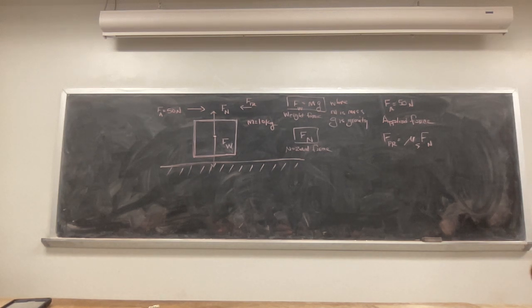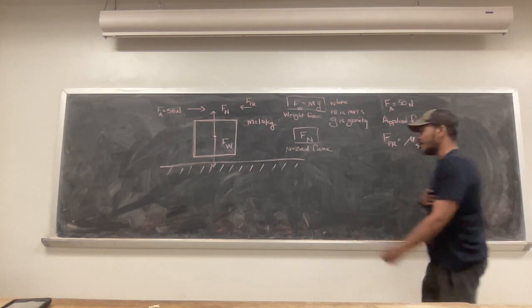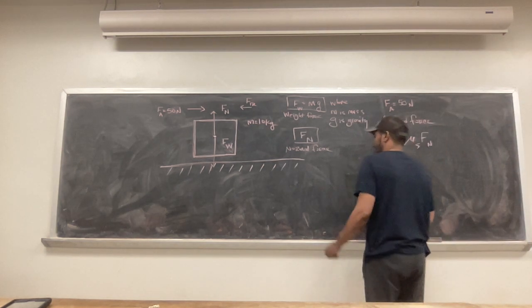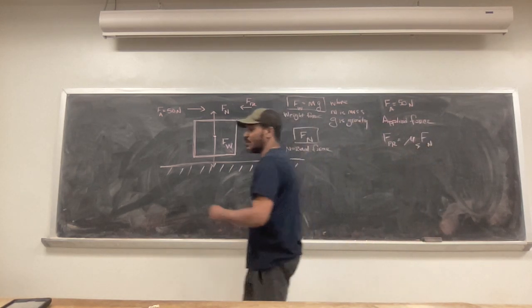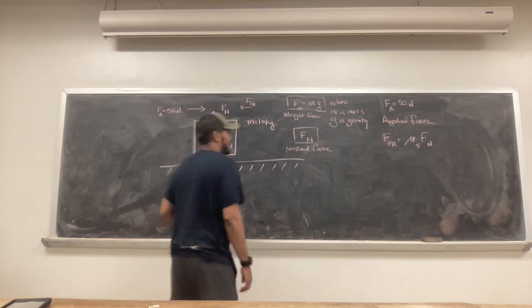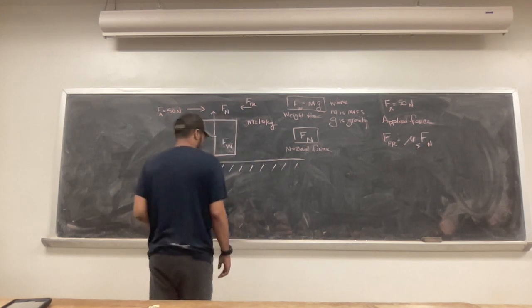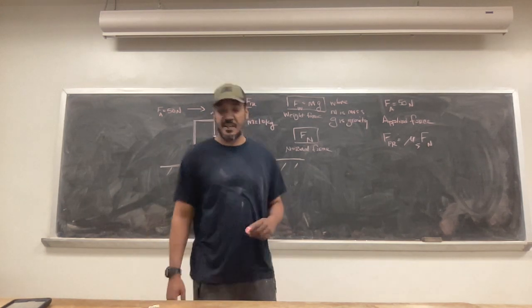All right? So we got four forces identified. So now we have to do what? We have to sum the forces, right? So first step, we'll say, let me see if my camera is going to catch that.